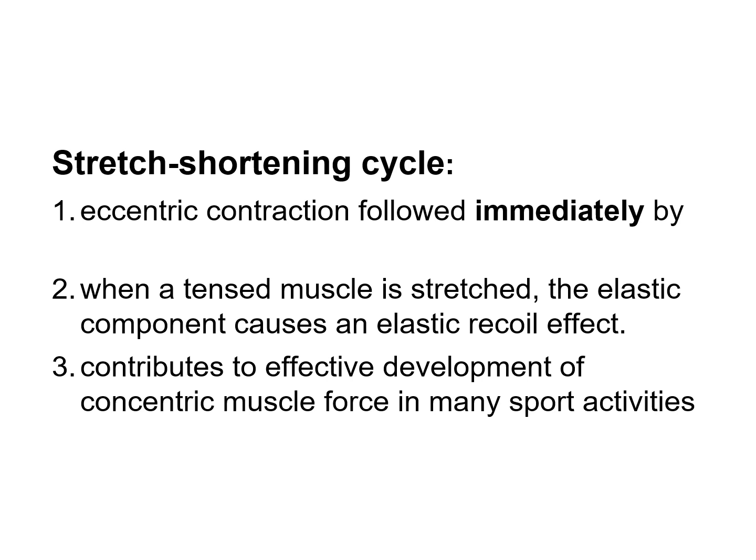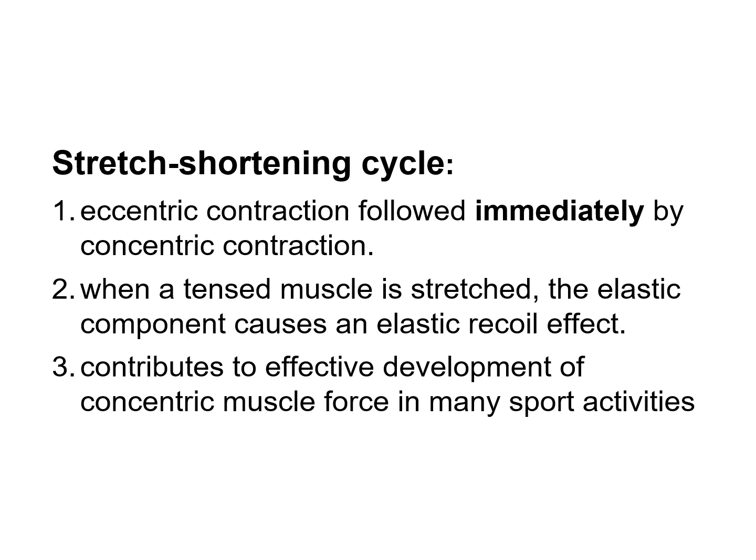That brings us to something called the stretch shortening cycle. This is where we're adding the elastic component to the contractile component in so many words. This is where we see an eccentric contraction, which is the muscle is still creating tension, but it's being lengthened, followed immediately by a concentric contraction.